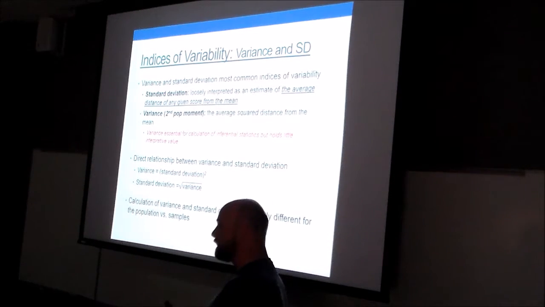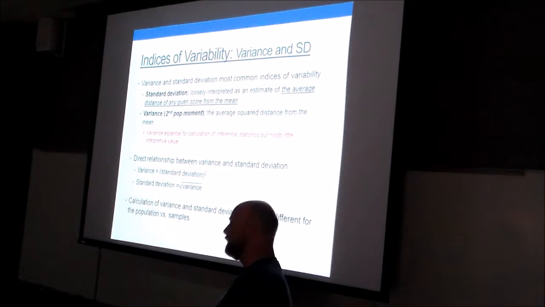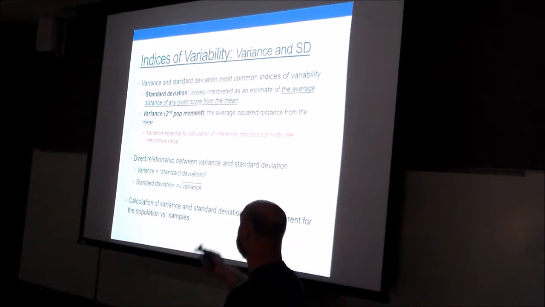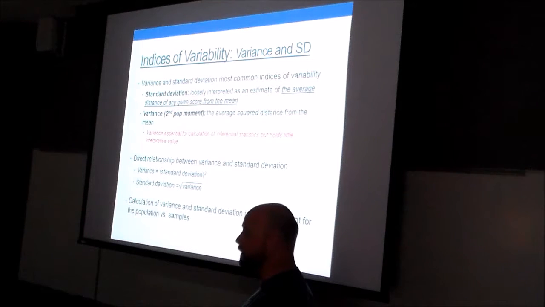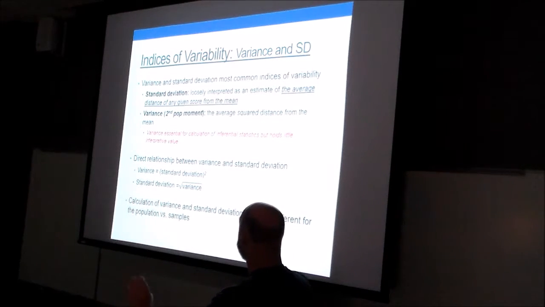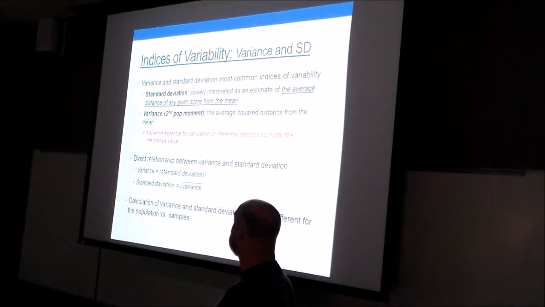Once you guys have a good conceptual understanding of what these two metrics are: standard deviation, loosely, not exact, but for all intents and purposes, can be interpreted as an estimate of the average distance of any randomly selected score from the mean.